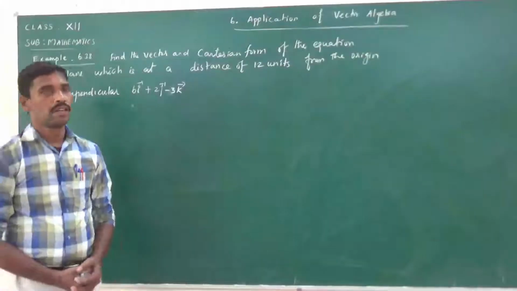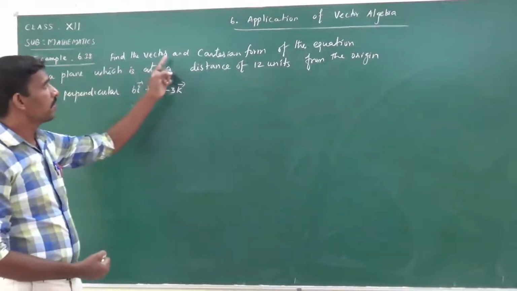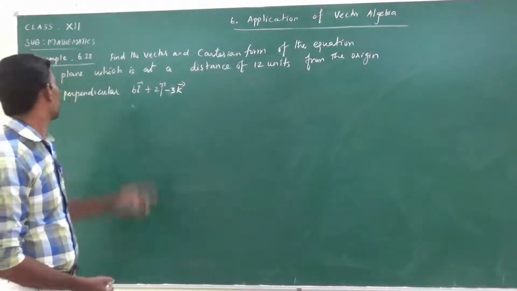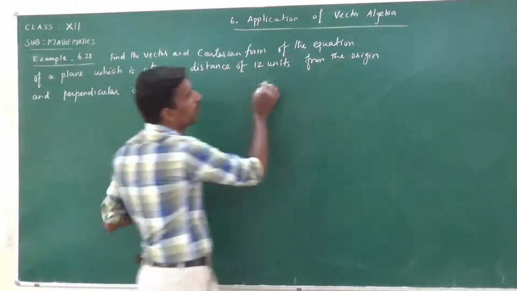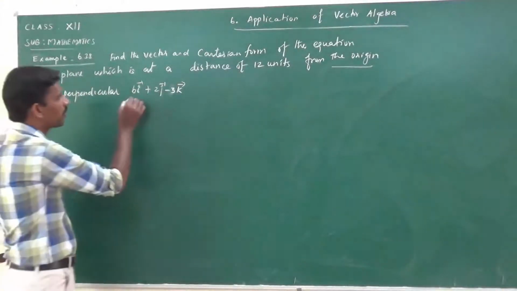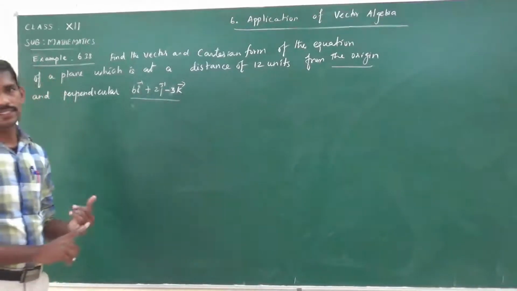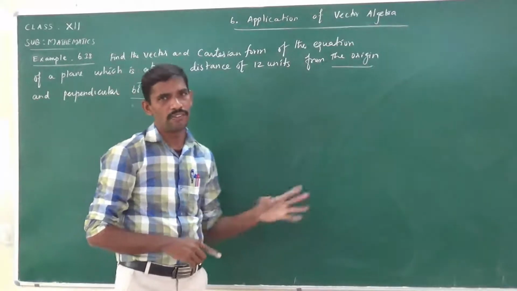Hi students, this is example 38. Find the vector and the Cartesian form of the equation of a plane which is at a distance of 12 units from the origin and perpendicular to the vector. We are given the distance from the origin to the plane and a perpendicular vector.